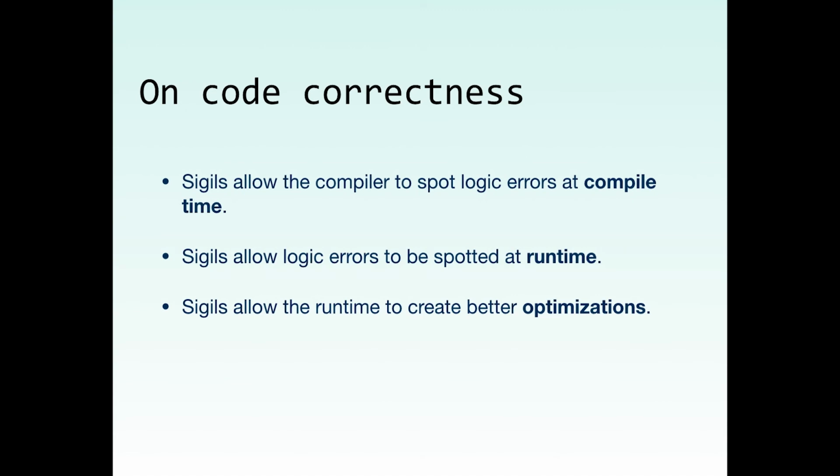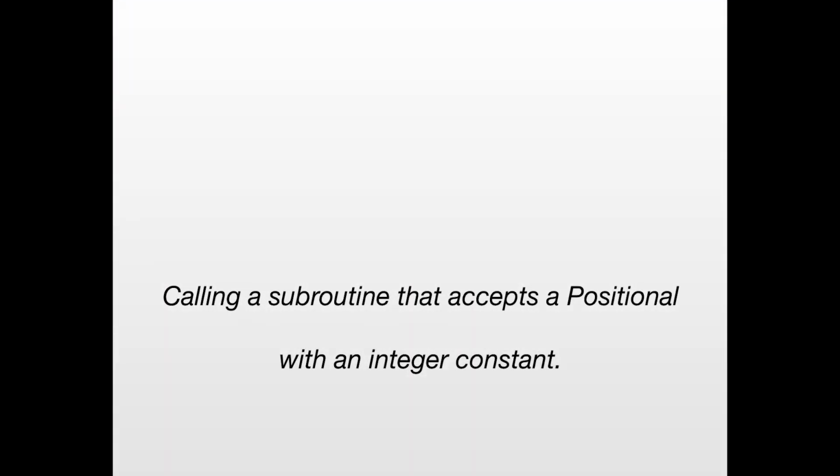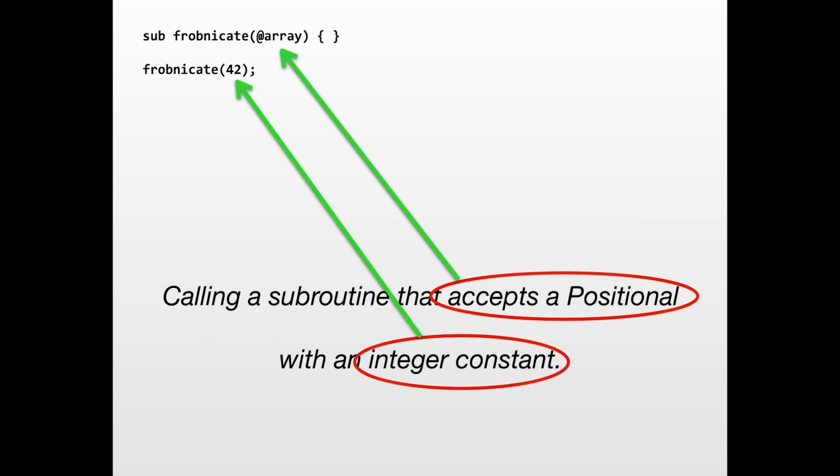So what if we want to actually call a subroutine that accepts a positional with an integer constant? So we have a subroutine negate that accepts a positional, an array, that will become an array inside the subroutine, but we call it with an integer constant. So would that work?